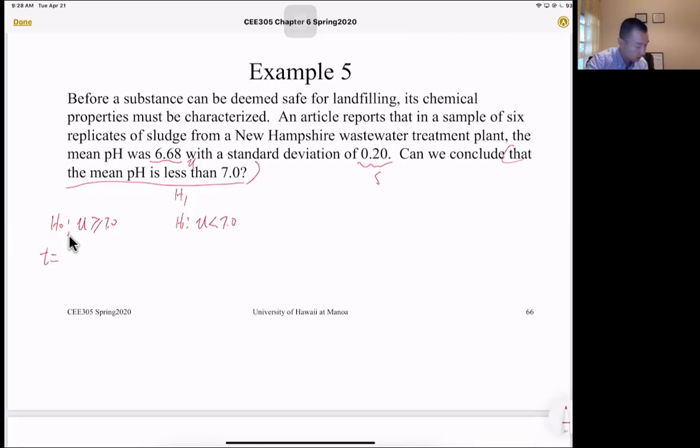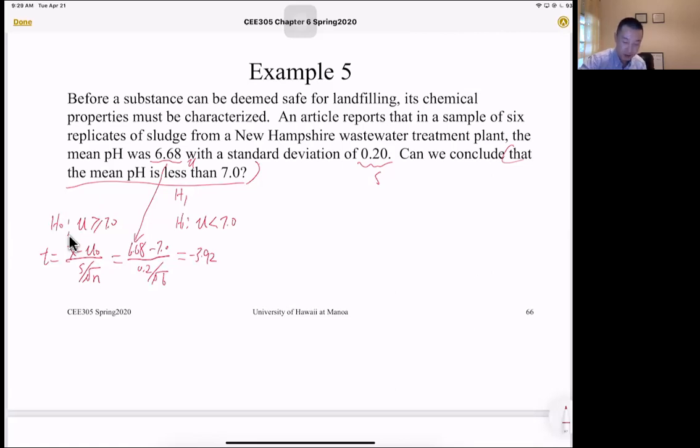The t-score is the sample mean minus mu 0, over S divided by root n. The sample mean is 6.68, mu 0 is 7.0, the sample standard deviation is 0.2, and the sample size is 6. So we calculate the t-score as minus 3.92. Then we can find the p-value.